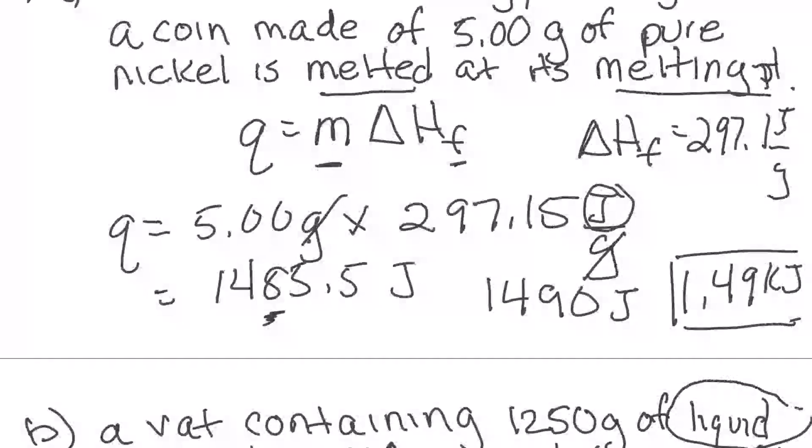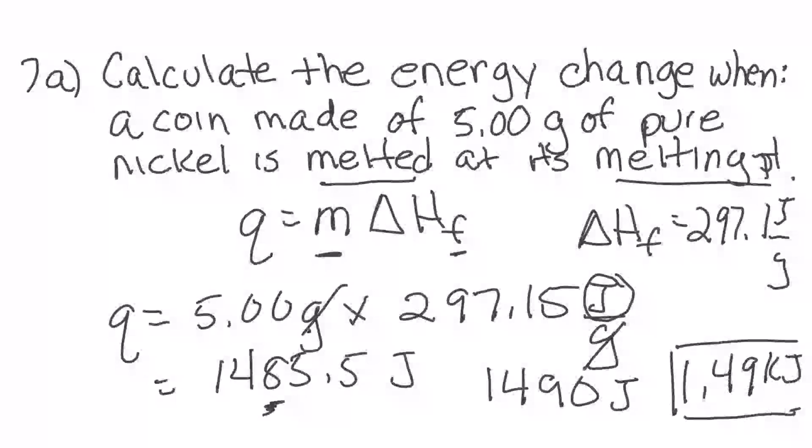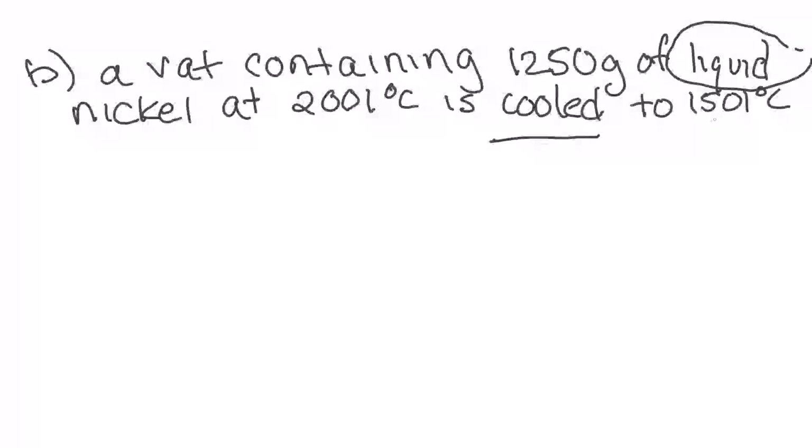Well, previously it told us the melting point, which is also the freezing point, was at 1,453 degrees Celsius. Did I get that cold? No, I'm still up at 1,501 degrees Celsius. So it's a liquid, it starts as a liquid, it stays as a liquid. I'm not melting or boiling or freezing or condensing. So that gives me the very first equation, which was Q equals MC delta T, our friend.